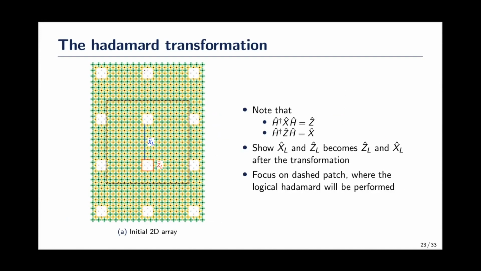And next is the Hadamard operator. The following process is applying Hadamard on this dashed patch. If X becomes Z and Z becomes X, we can say that this transformation is a Hadamard transformation.